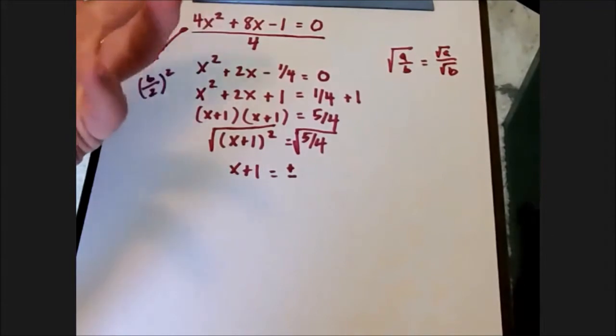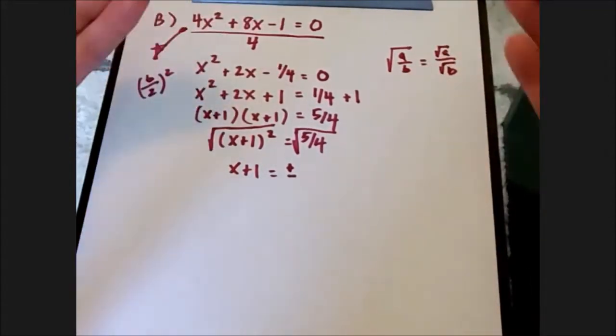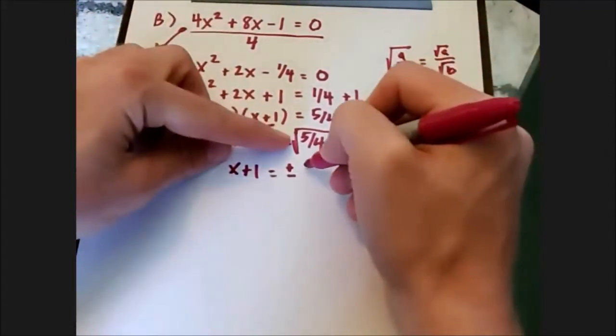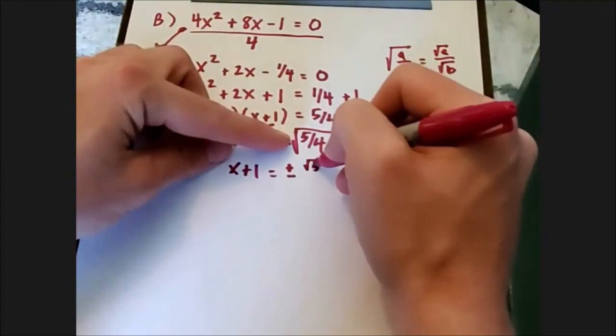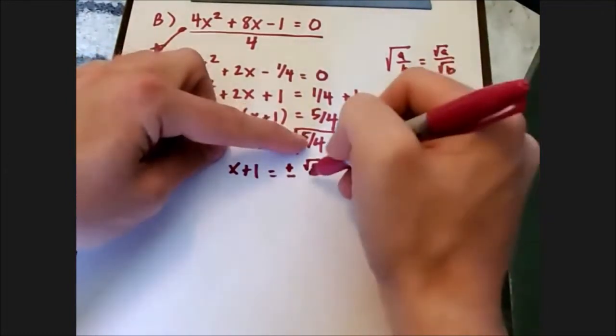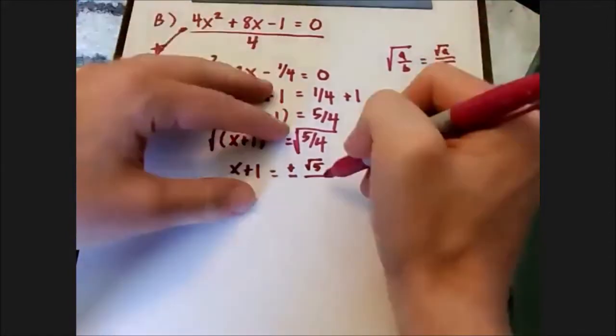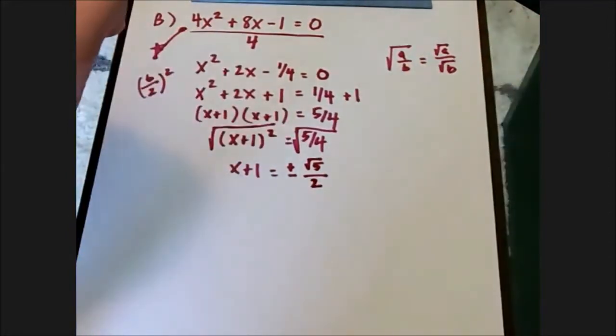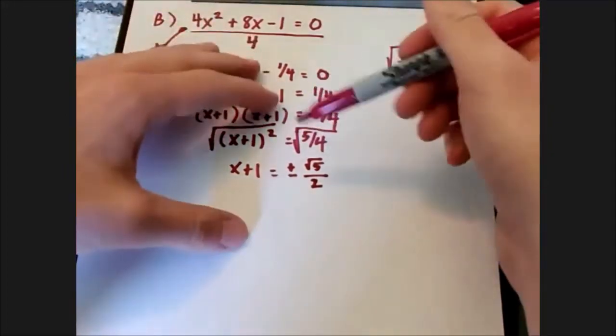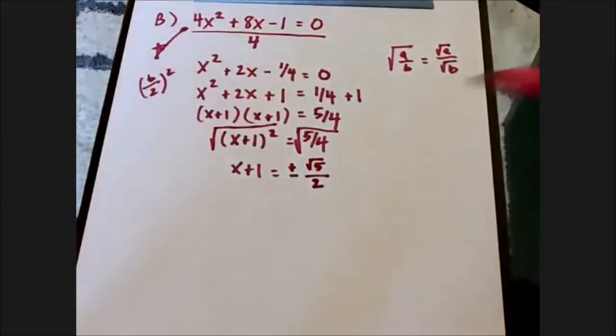To square root a fraction, mainly what I'm saying there is you just square root the top and you square root the bottom. I cannot simplify the square root of 5, but I can simplify the square root of 4. So this becomes the square root of 5 over 2. So be advised, if you can square root the top or bottom, you need to do so.